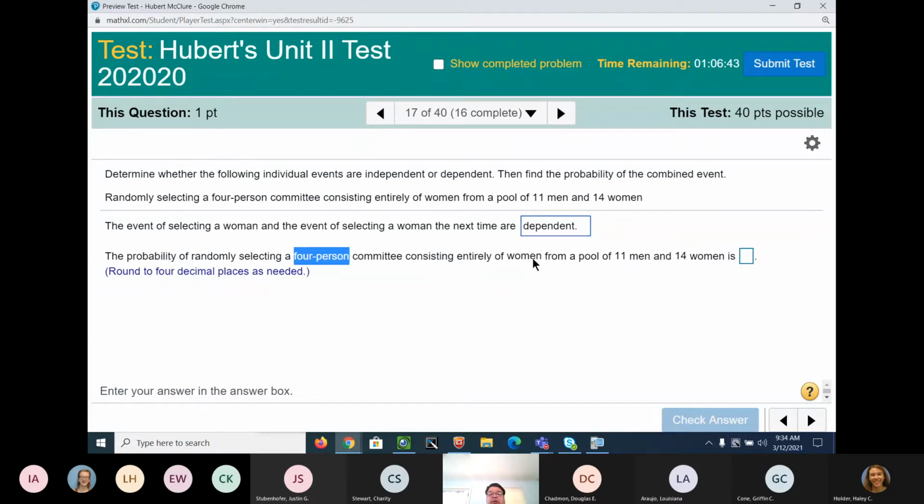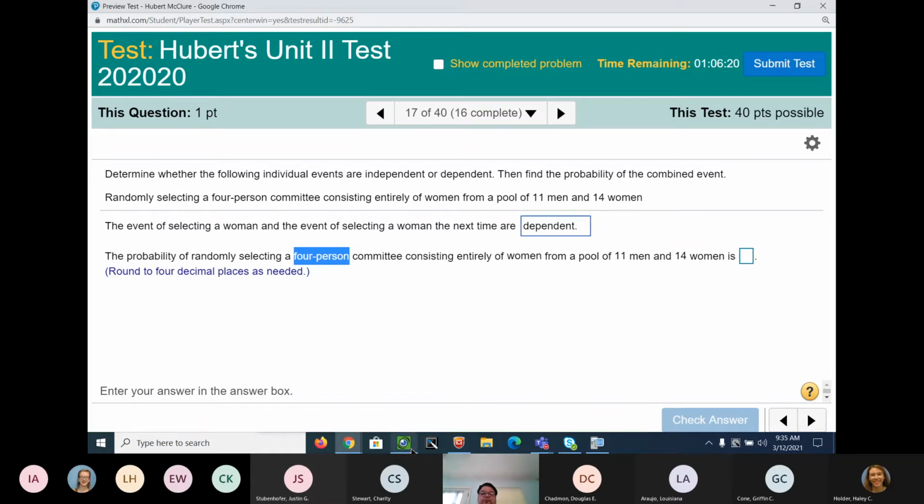entirely of women. Okay, now that changes things. All right, women. So that means I'm going to pick a woman out of how many? 4-person committee. So that would be woman, woman, woman, woman. So we're going to draw this thing out. This looks like a multiplicative. I thought it was a combination at first.